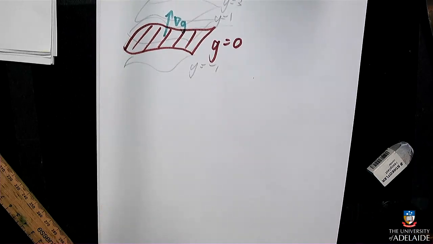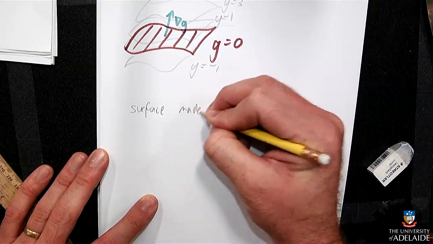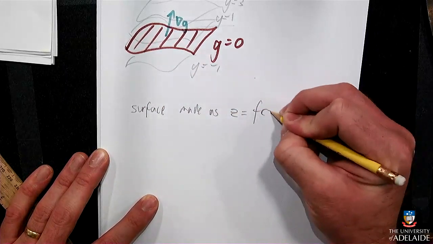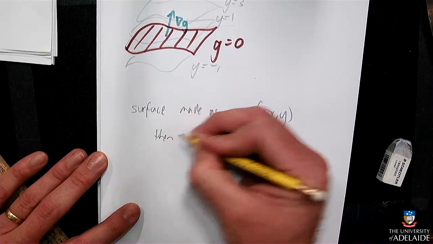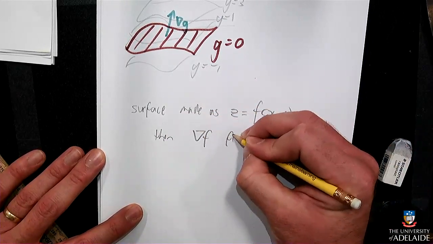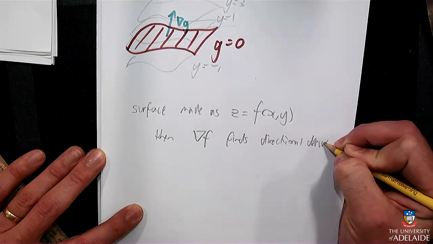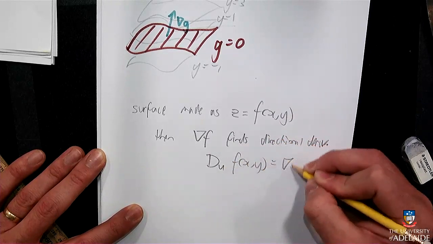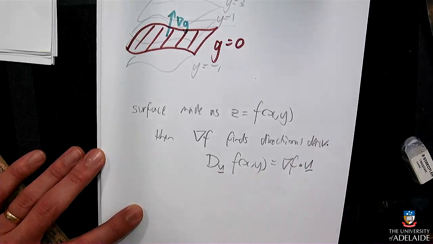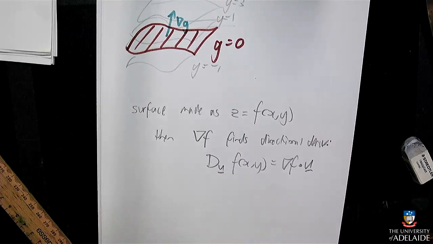If the surface is made as all the outputs from a function, then the gradient allows us to find the directional derivative, by dotting the gradient with the direction I'm going. That's one thing.